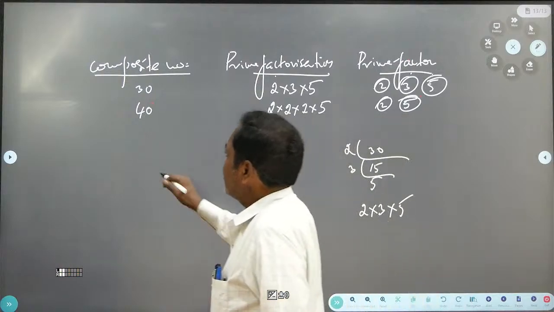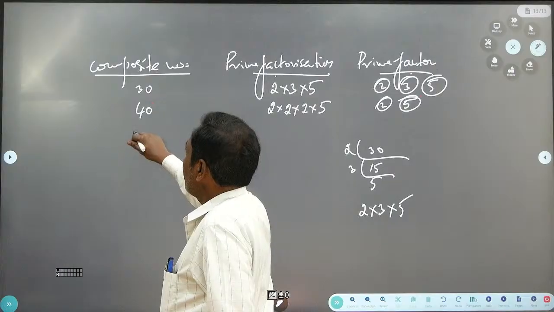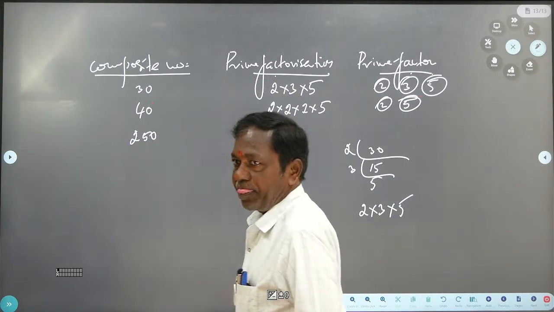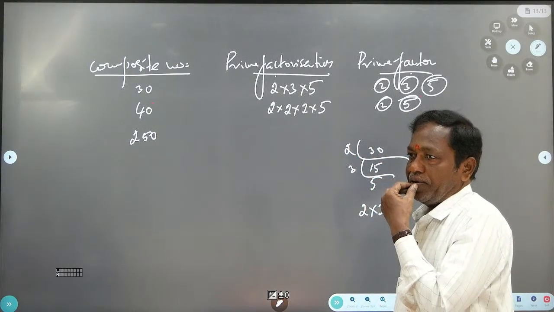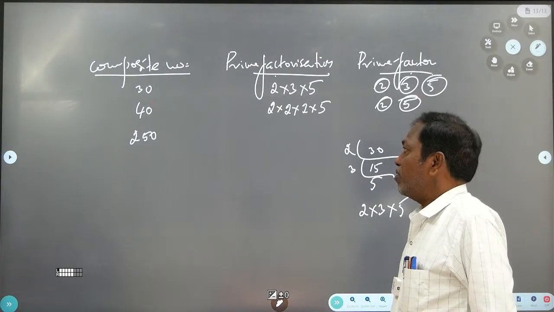Right, that is the thing. And say 250. 250 is a composite number.